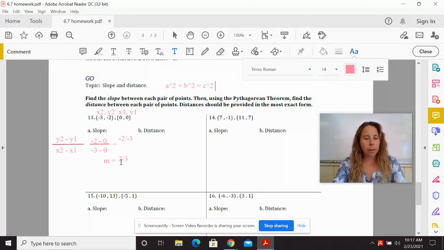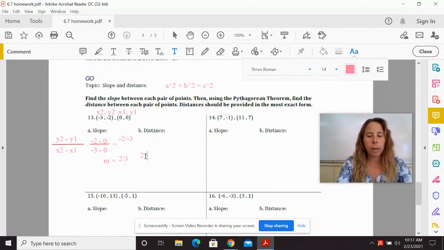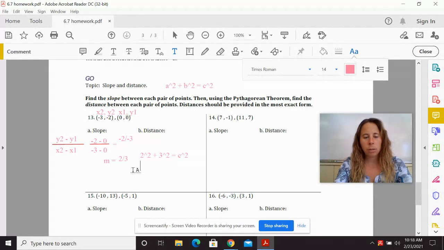It doesn't matter if 2 is a or 3 is a. I like to make the little one a, so I'm going to go 2 squared plus 3 squared equals c squared. 2 squared is 4, 3 squared is 9.